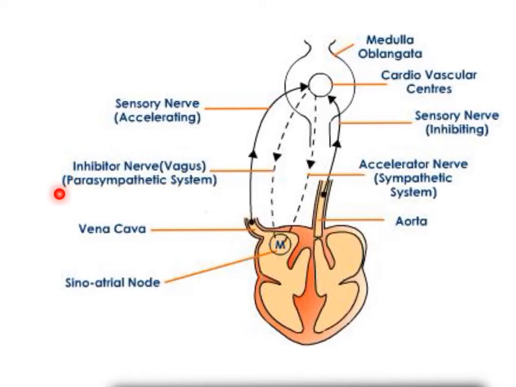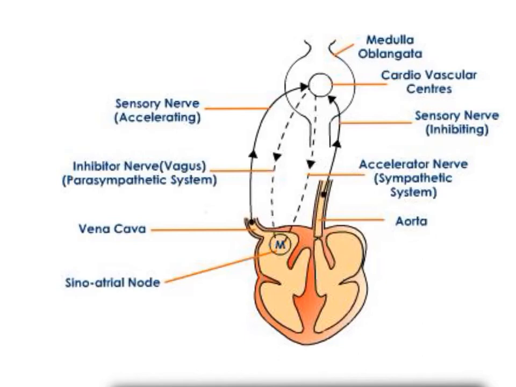The parasympathetic nervous system has a nerve which is more commonly known as the vagus nerve, which acts to slow heart rate down. Conversely, we have a branch of the sympathetic nerve which acts to speed heart rate up, and the nerve that comes from the medulla oblongata to the SA node is called the accelerator nerve.